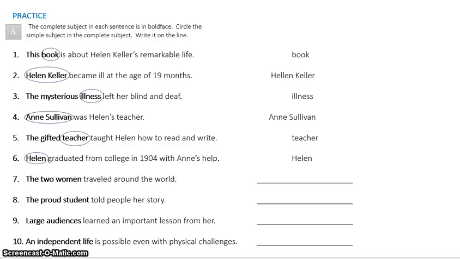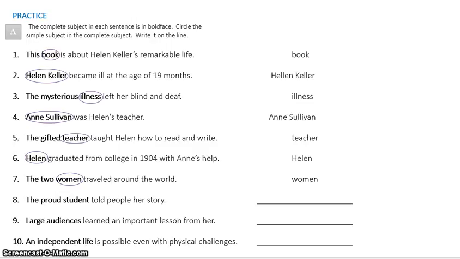Number 7, the 2 women, that's your complete subject. So I have a choice of 3 words in my complete subject, and I have to think, what is the entire sentence about? Is it about the? No. Is it about 2? No. Is it about women? Yes. So I circled the word women in purple and then wrote it on the line.